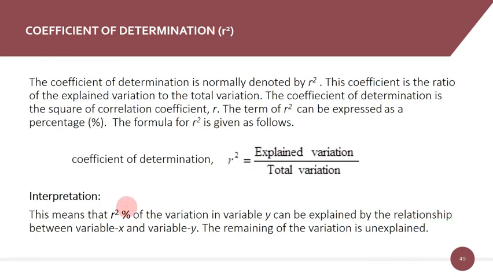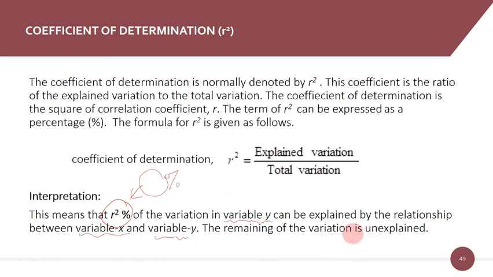You just plug in the value of R squared in terms of percentage, remember? Then change the variable y and variable x accordingly. The remaining percentage of variation is unexplained, or not related to the variable.